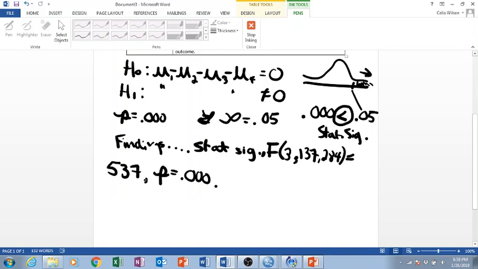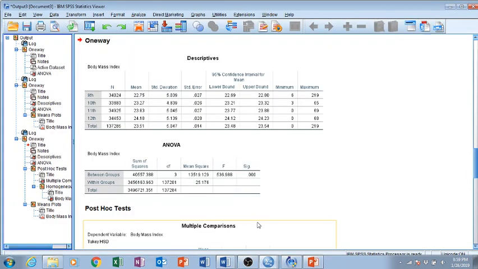We could have looked at that humongous F value and known that it was going to be way, way, way out in this tail, probably statistically significant. And then when we looked at our P value, we said, yep, definitely statistically significant. And so these are the numbers we would pull to determine that. But this is a good example of, let me look at that output.